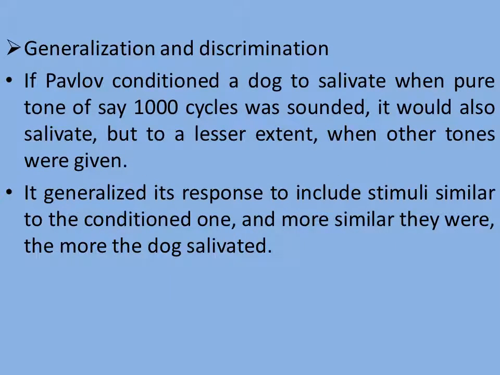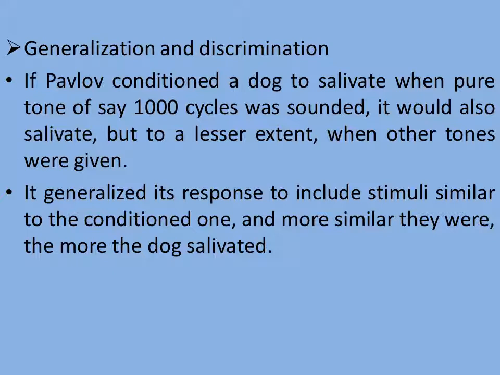Generalization and discrimination. This is another characteristic. What does this mean? If Pavlov conditioned a dog to salivate when a pure tone of say 1000 cycles was sounded, so that the ringing of the bell was 1000 cycles per second, it would also salivate, but to a lesser extent, when other tones were given. So that sound is of a specific frequency, which results in salivation.